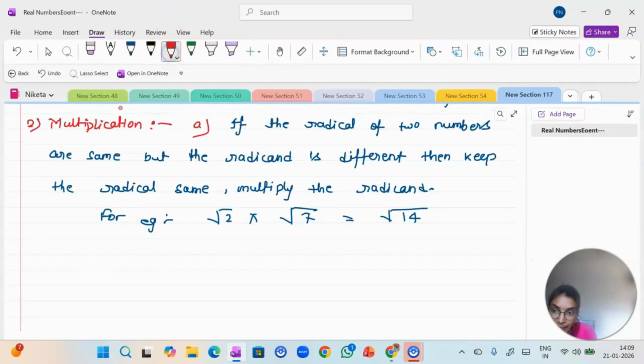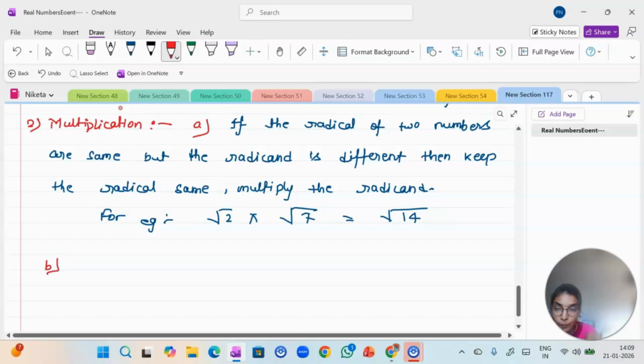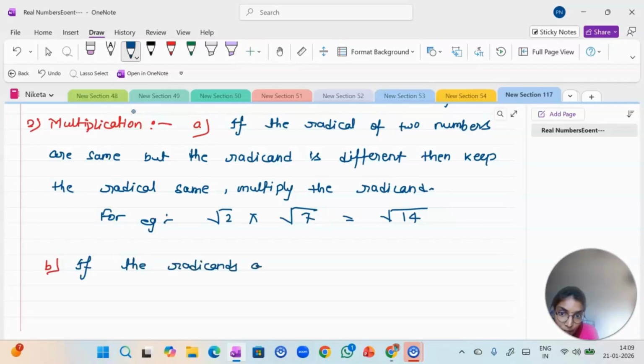Now, the second case is if the radicands are the same, but the radicals are different.